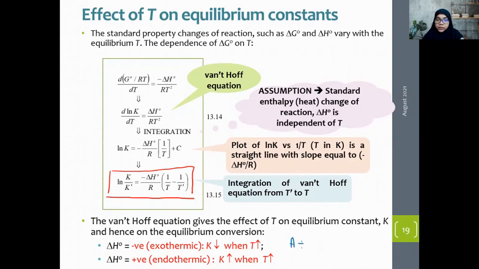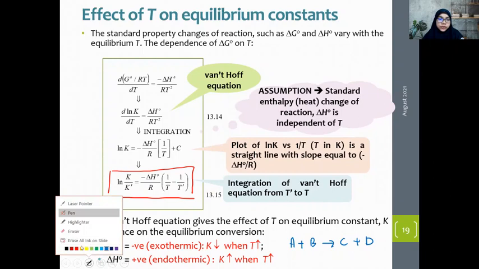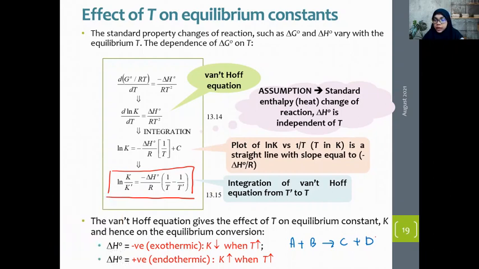For example, in the reaction, we have A plus B equal to C plus D. For the exothermic, we release the heat. So release heat means we're going to have heat at the product. And then once we increase the temperature, try to relate with K equal to product over the reactant.